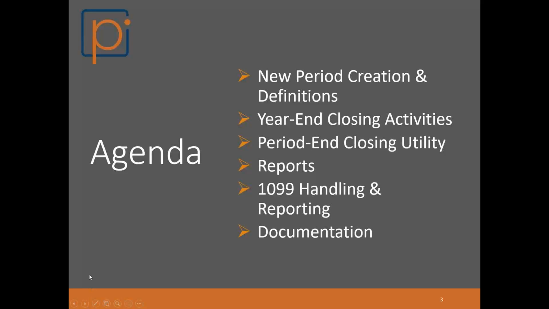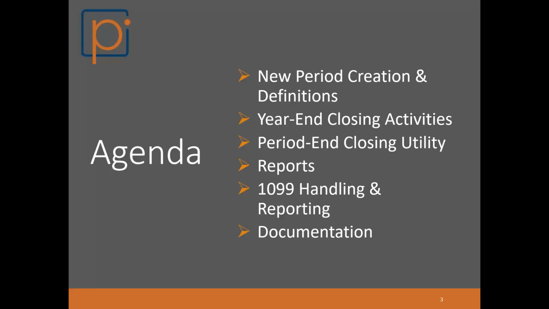So let's look at the agenda. We're going to start with how you set up a new period and what things to look at when you set up a new period, and what to do with the current period to extend the due dates and things of that nature. We're going to look at year-end closing activities, what you may need to do in February when you're ready to close the year. We're going to review also the year-end closing utility that is available and helps you automate all those closing activities.